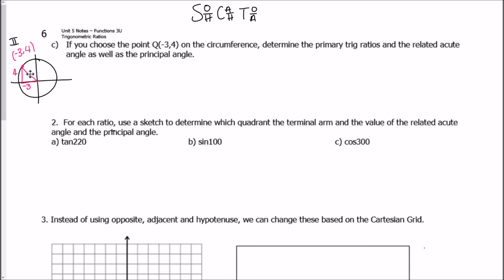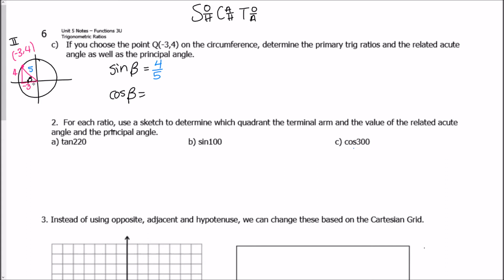And this time, we're going to call this angle beta. So the sine of beta is equal to the opposite, which is 4, over the hypotenuse. Sorry, I forgot to label that the radius is still 5. So it's still 4 over 5. The cosine of beta, though, is where things get a little bit different. The x value right here is -3, and the sign does matter.